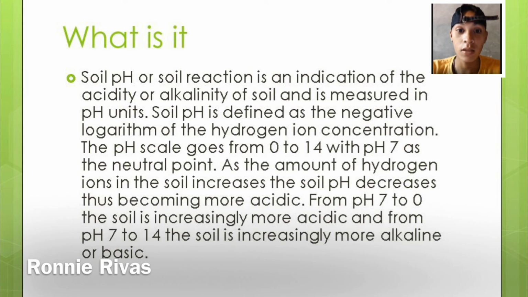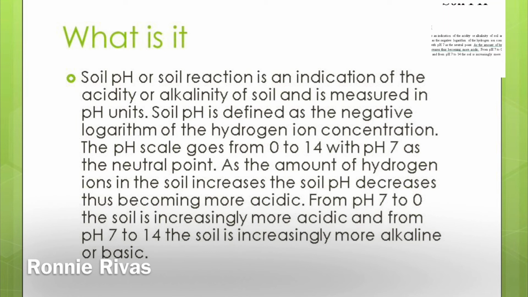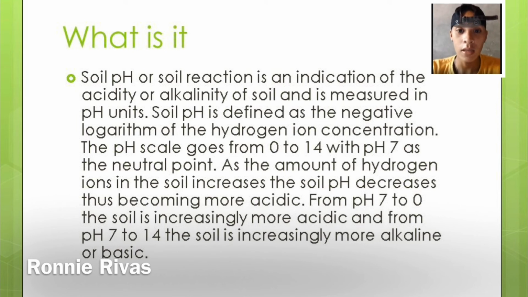As the amount of hydrogen ions in the soil increases, the soil pH decreases, thus becoming more acidic. From pH 7 to 0, the soil is increasingly more acidic, and from pH 7 to 14, the soil is increasingly more alkaline or basic.